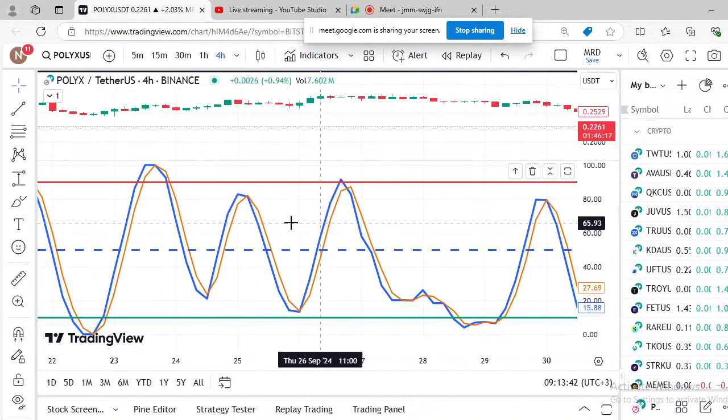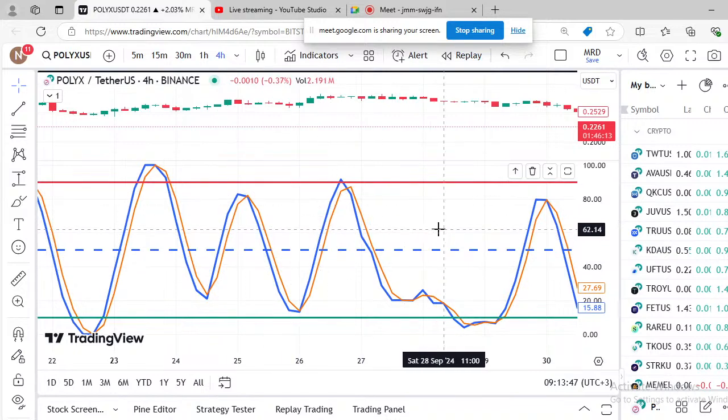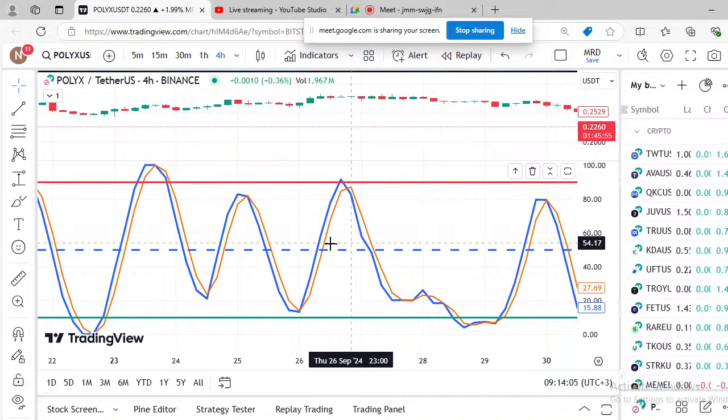Now I said that the blue one, or what we call K, that moving average is always the fastest one. It will always detect as fast as possible.